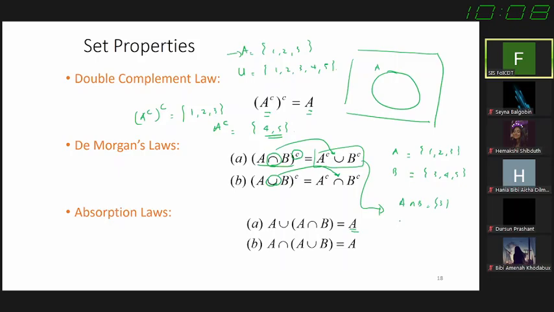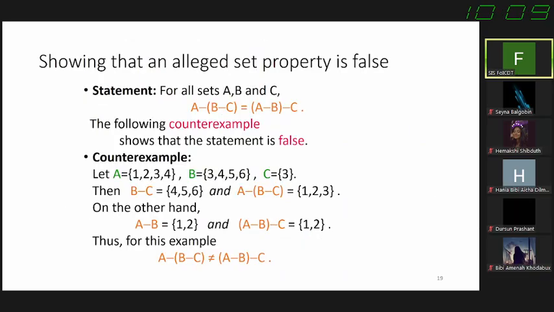If you do A union (A intersection B), you'll have to do this and this, so it comes back to 1, 2, 3. So this is equal to A. If you do the inverse, A intersection (A union B), it will come back to A as well. This is known as the absorption law.